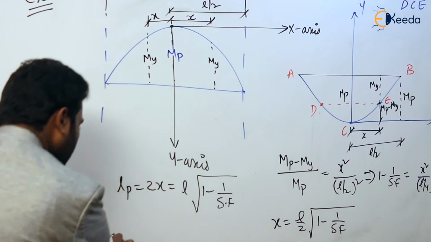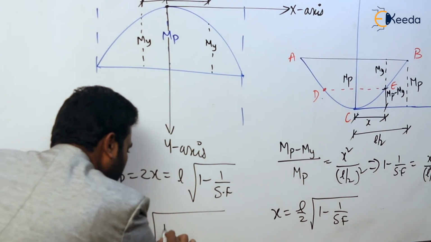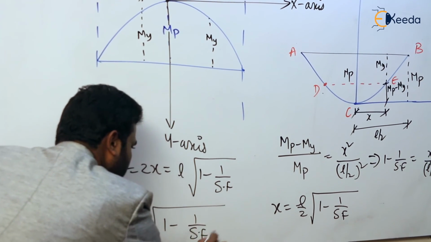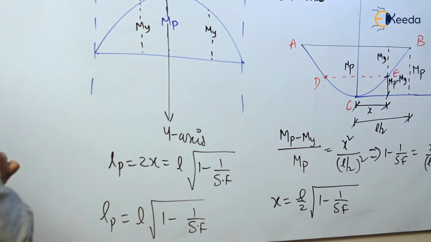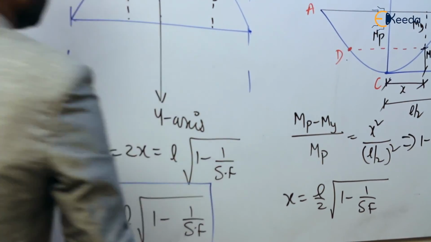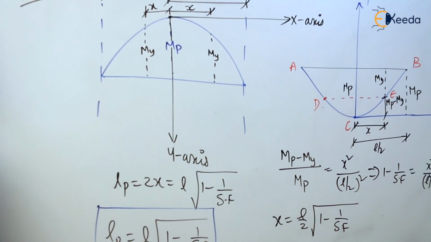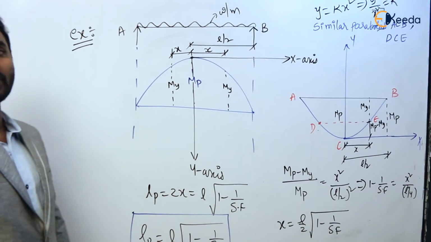For a simply supported beam with UDL, this is the plastic hinge length: LP is equal to L into under root 1 minus 1 by shape factor.